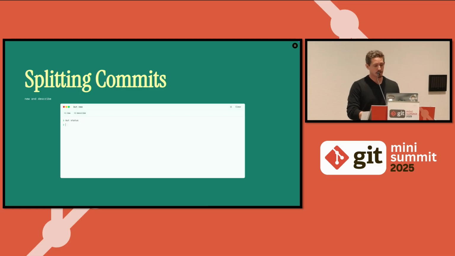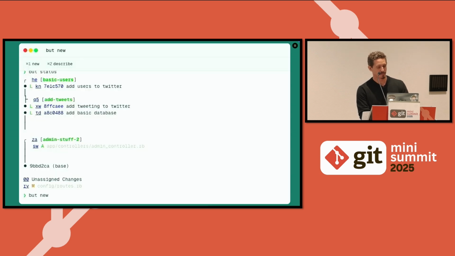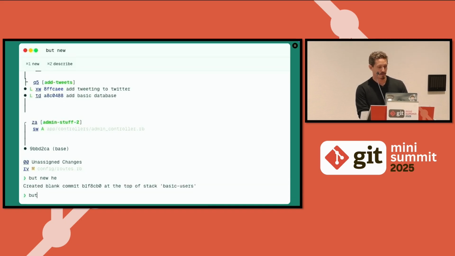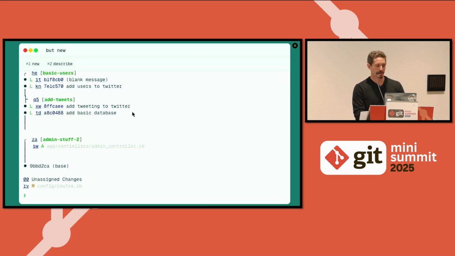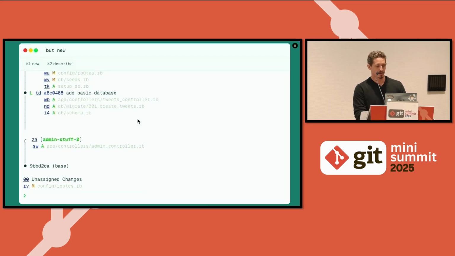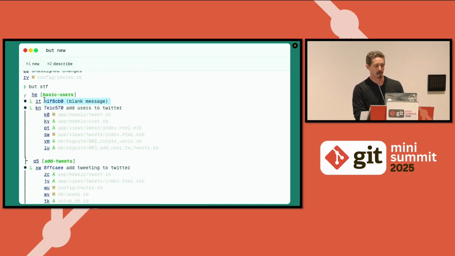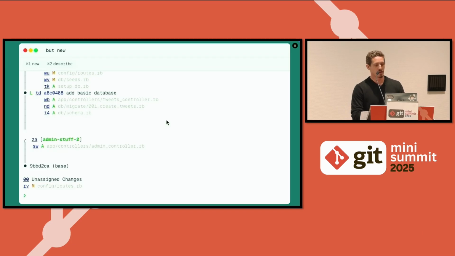So the other thing you can do with this is you can split commits relatively easily. So we also have this but new command. So if I wanted to say but new HE, then it will create a new blank sort of commit there that has nothing in it, right? So this is sort of jujitsu style, where you can create a new commit that has nothing in it, and then I can sort of rub files into it if I wanted to.